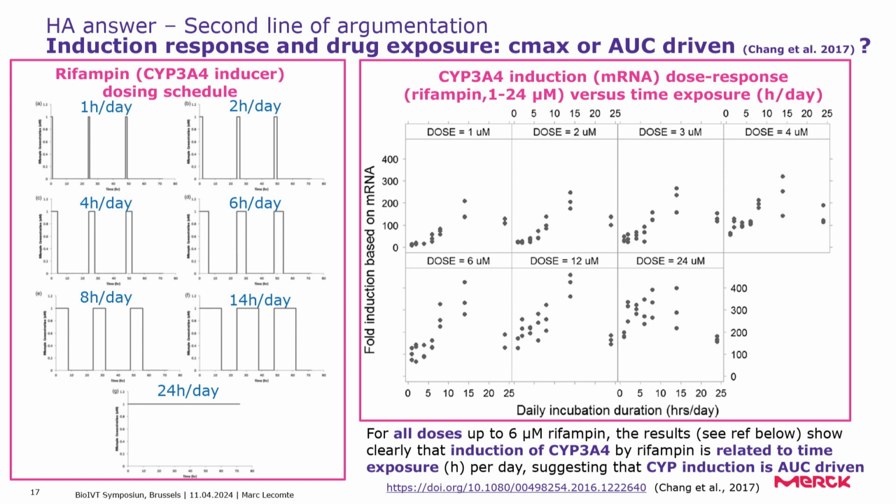They did, I think, a very nice experiment. They were using an inducer of CYP3A4, rifampin, and over the period of 24 hours, they were able to give different schedules of rifampin. 1 hour per day, 2 hours per day, 4, 6, 8, 14 to 24 hours, the full 24-hour period. And then they used a concentration response from 1 to 24 micromolar on hepatocytes.